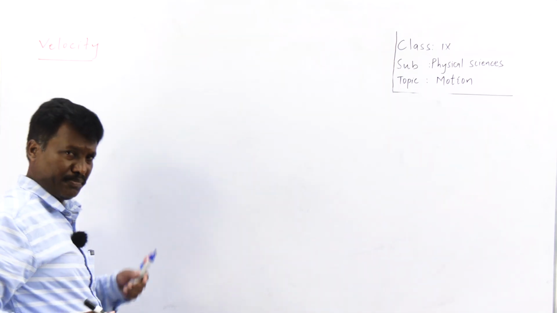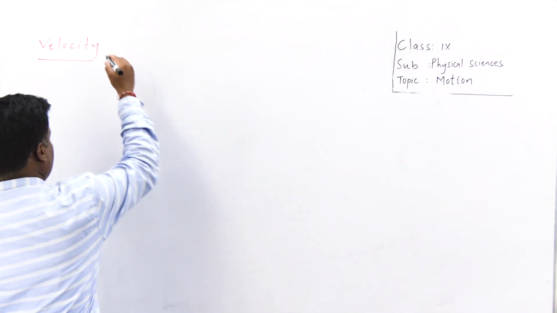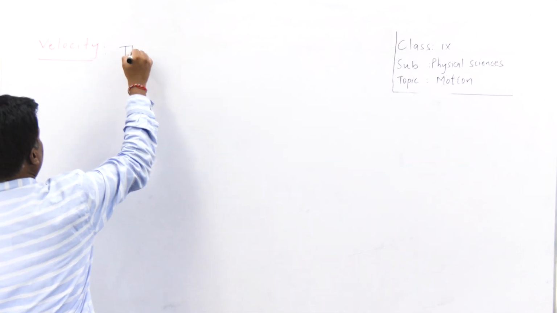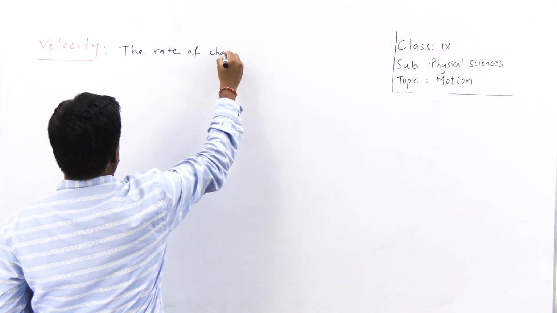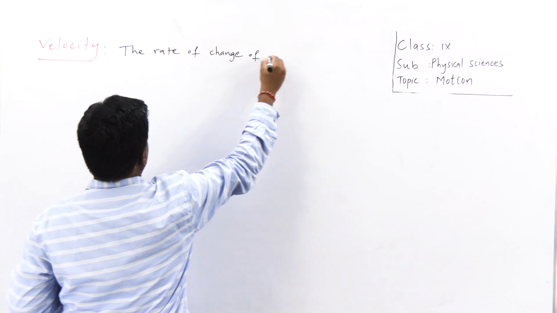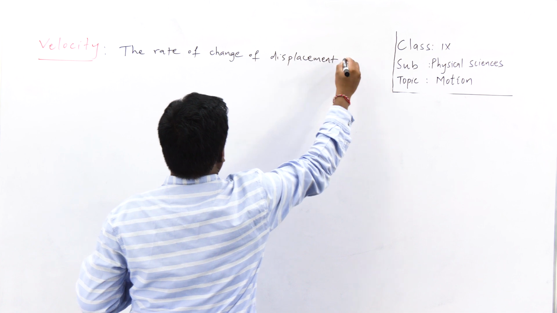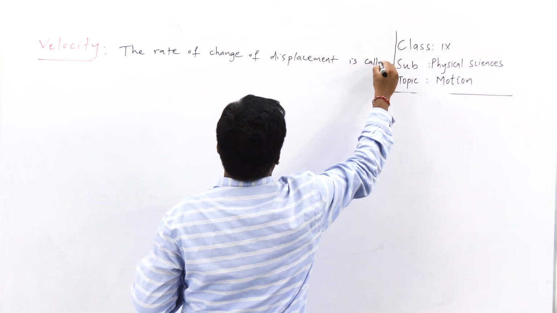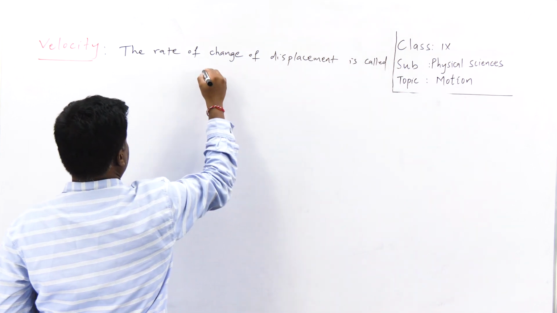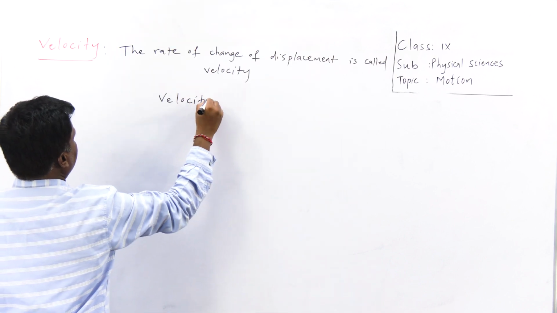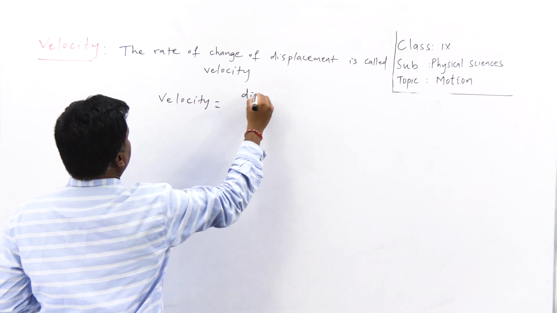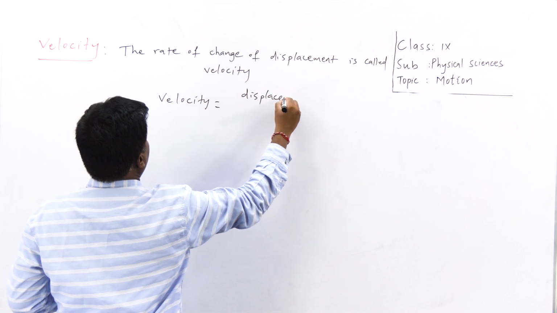From the previous example what we have discussed, velocity can be defined as the rate of change of displacement. So the formula for velocity: velocity is equal to displacement by time.